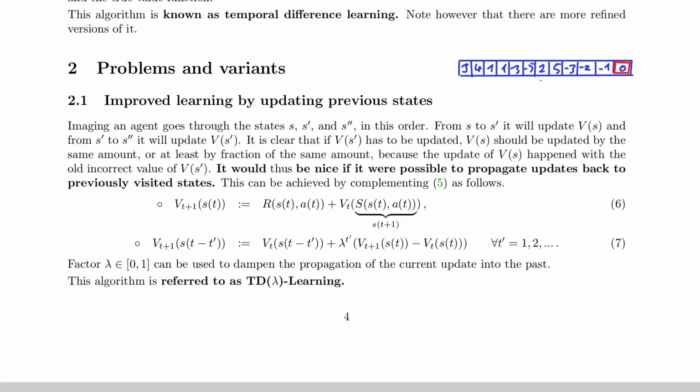Then it learns that the value 2 is wrong. It should be 4. At that moment we don't update any other values because we have just started. If the agent then moves from here to there, it learns that the value here should be -4 rather than 5.